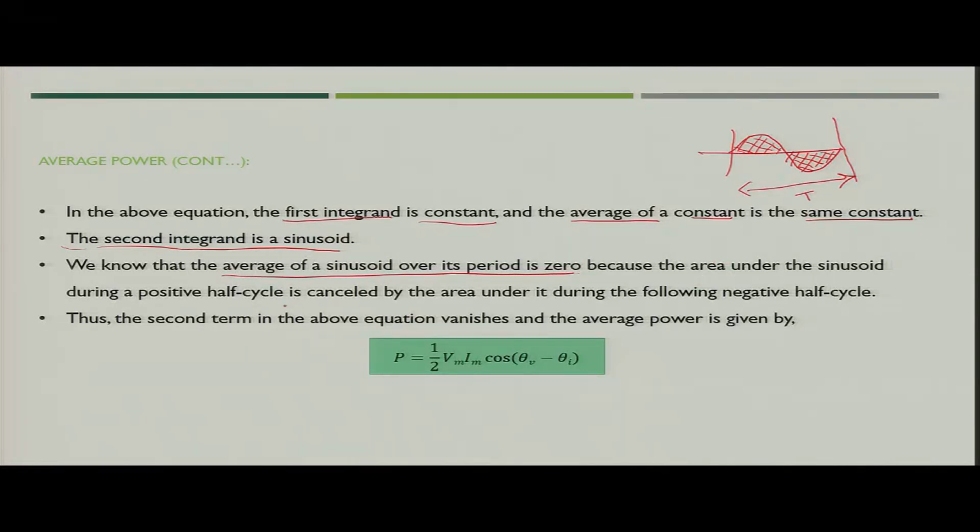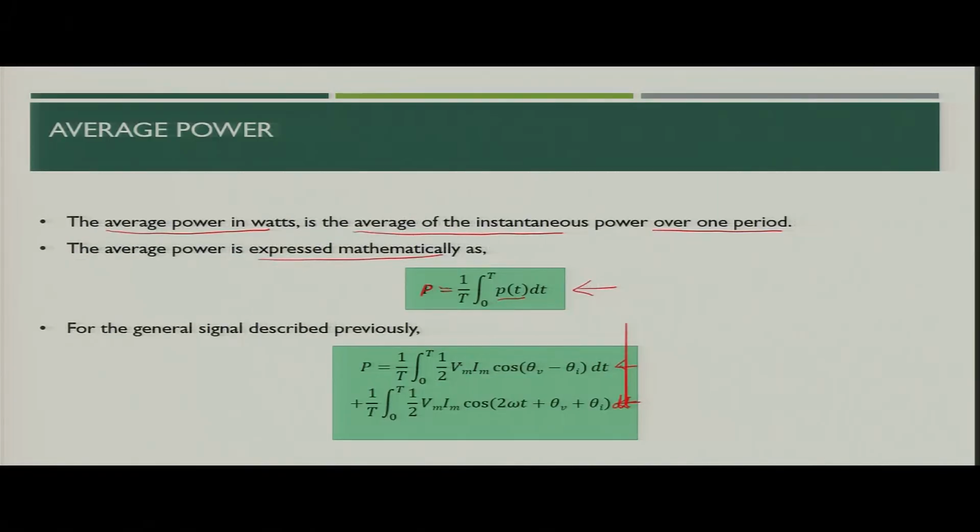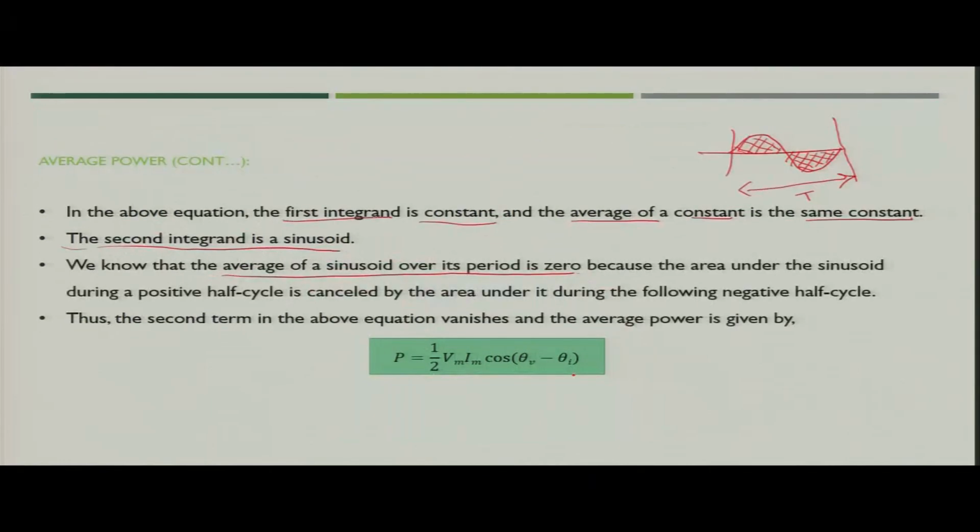So, in the integration which we saw previously, the second term will become 0, and finally what we are left with is this term, and we can say that average power is nothing but 1 by 2 Vm Im cos(theta V minus theta I).